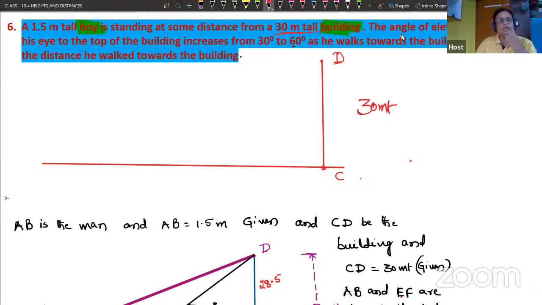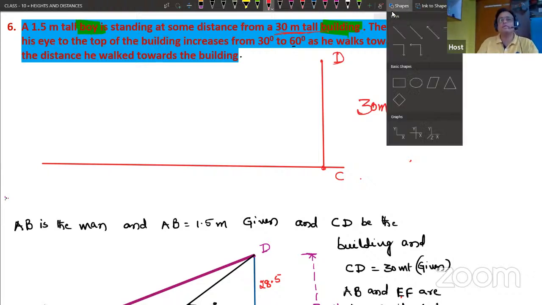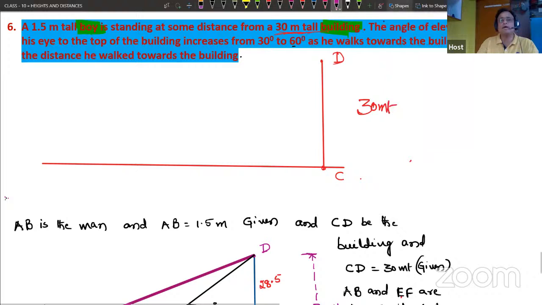And somewhere the boy, 1.5 meters, we can draw the boy on the ground. Here is the boy. You name it as A, B is the boy, and it is 1.5 meters.